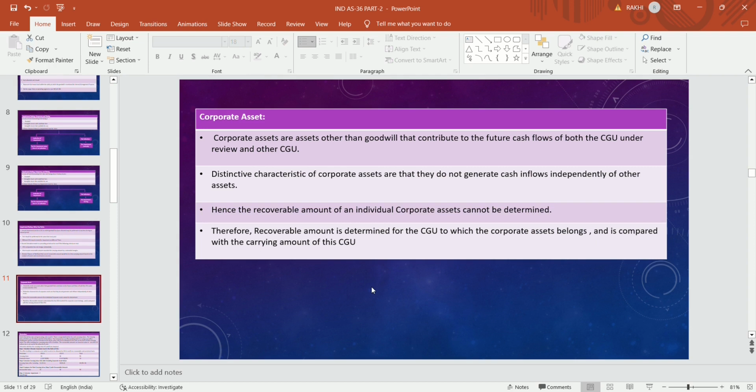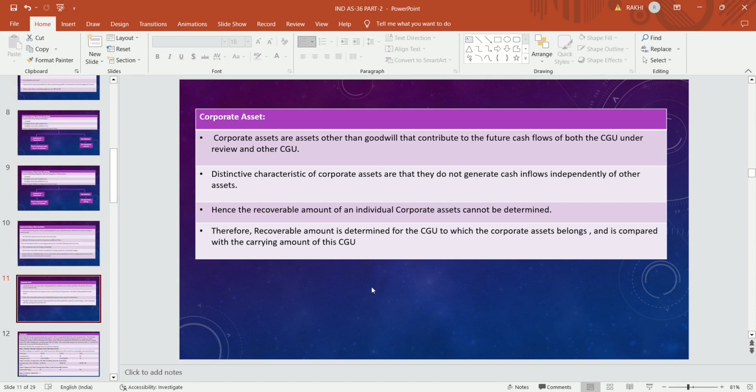Hence, the recoverable amount of an individual corporate asset cannot be determined. Therefore, the recoverable amount is determined for the CGU, cash generating unit, to which the corporate asset belongs.